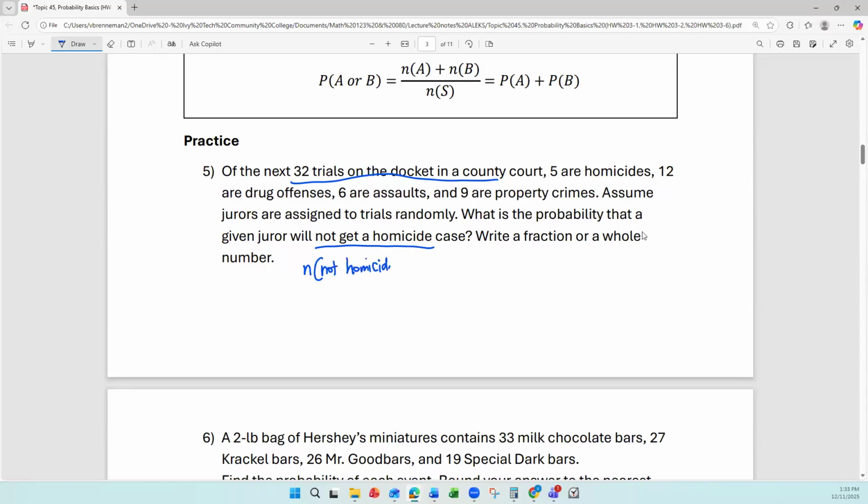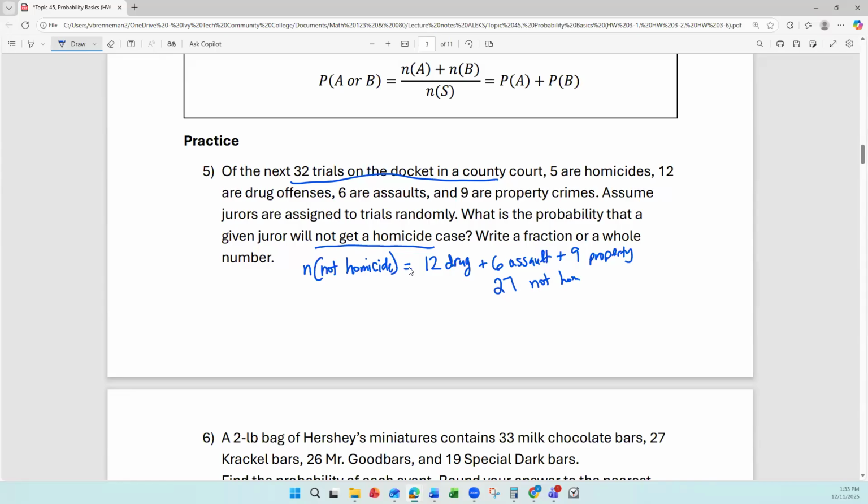well, one way to do that is to go ahead and add up the 12 drug plus the 6 assault plus the 9 property and get, that's 20, no, get 27 not homicide.